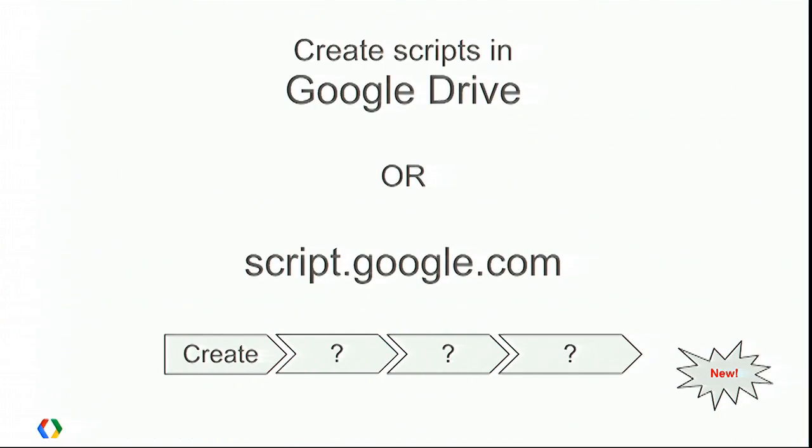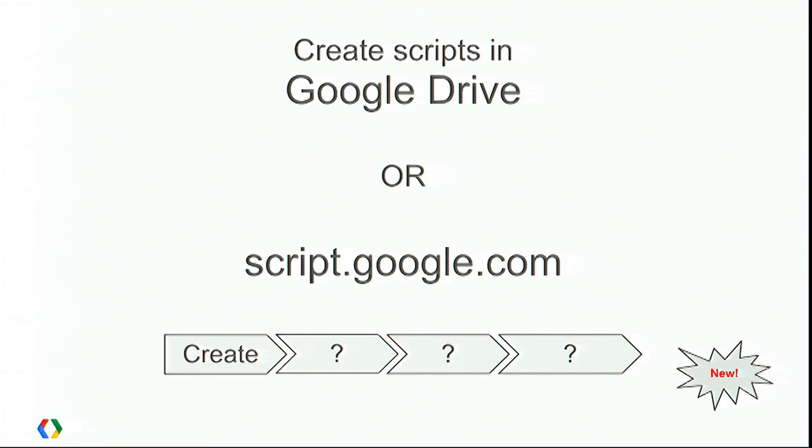So what does script.google.com let you do? And this is the first part of our story, which is it lets you create scripts. Now, what's such a big deal about creating scripts? Well, I'm going to walk you through the big deal about creating scripts, but the short answer is you can now create scripts from your Google Drive, or you can create scripts from script.google.com.